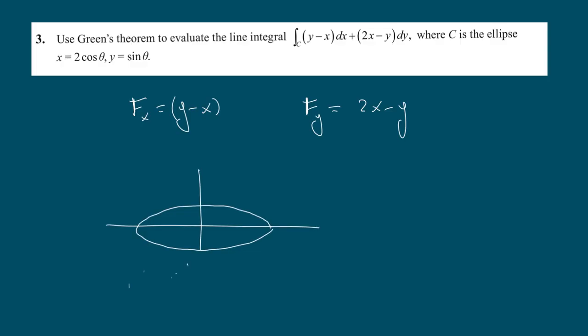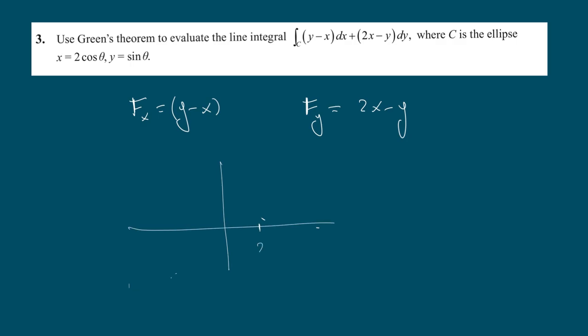semi-axis: when theta equals 0, cosine of theta is 1, so x is 2. So the ellipse will go like this. When theta equals 0, x is 2 and y is 0. So it will start here. When theta equals pi divided by 2, x is 0 and y is 1.